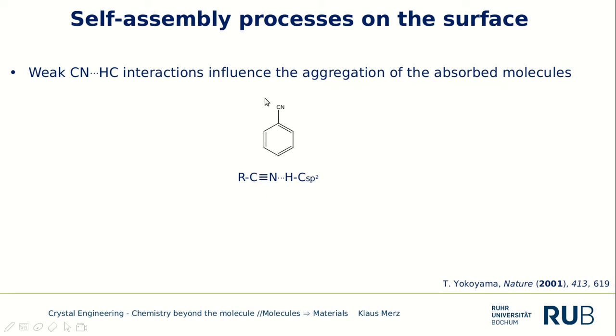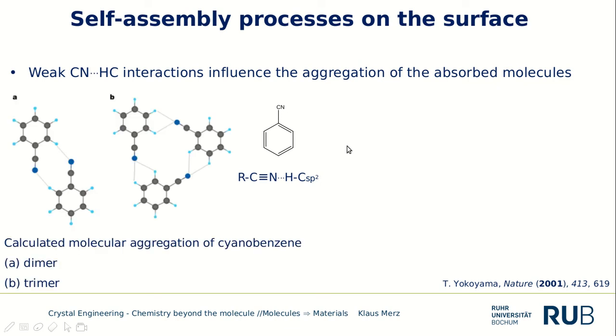There's an interaction with the cyano group and the neighboring sp2 CH group here. And in this figure you see two different orientations. One is forming a dimer here, and in the second case you are forming a trimer aggregate. Both show only this weak intermolecular interaction. Here, see it here, and here.